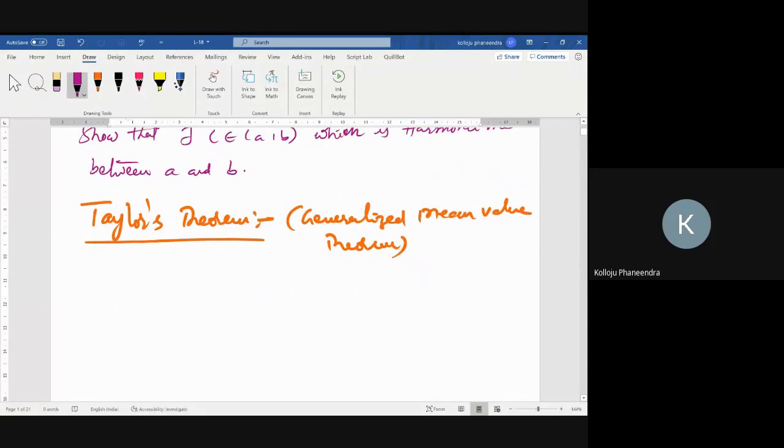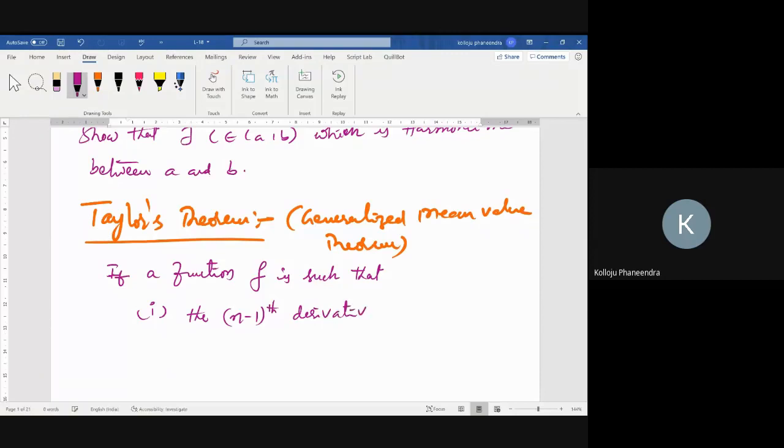The statement is: if a function f is such that, first condition, the (n minus 1)th derivative, that is f^(n-1)(x), is continuous in the closed interval [a, a plus h].